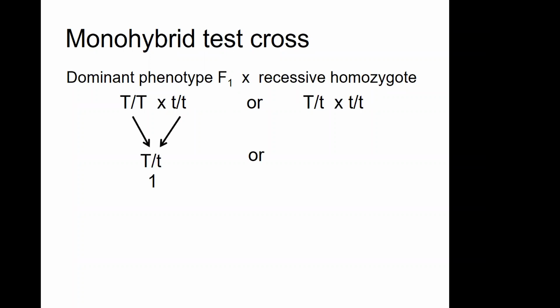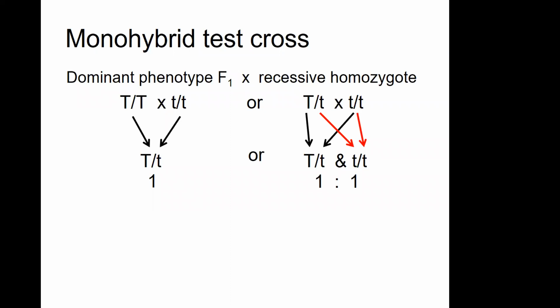If they're homozygous, then all the offspring are going to be tall. But if they're heterozygous, sometimes I'm going to get heterozygotes, which would be tall, and sometimes I'm going to get homozygous shorts, which will be short. So when you do this cross, what proportion of plants are going to be heterozygous? How many total kinds of plants are there?